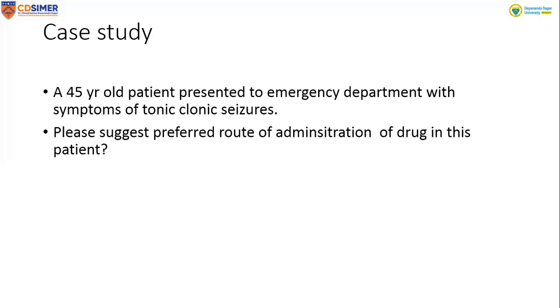If we see this case, generally for a tonic-clonic seizure in status epilepticus, we try to give injection diazepam. Benzodiazepines are given. Diazepam is the preferred drug, 10 mg. You can take a syringe, load 10 mg into the syringe, and then inject slowly intravenously.